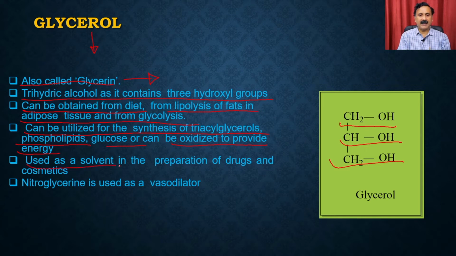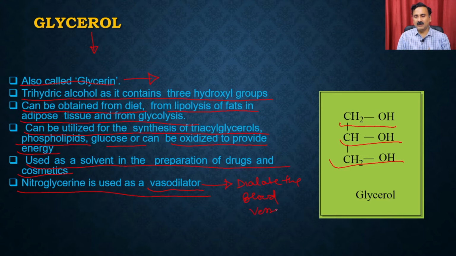It is used as a solvent in the preparation of drugs as well as in the cosmetic industry, and nitroglycerin is produced from glycerol and used as a vasodilator. What is meant by a vasodilator is that it dilates the blood vessels.